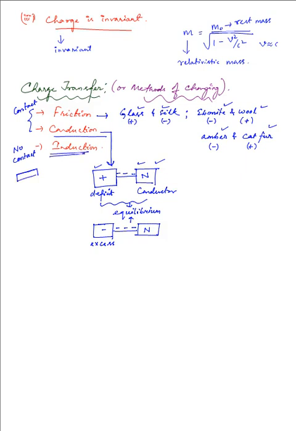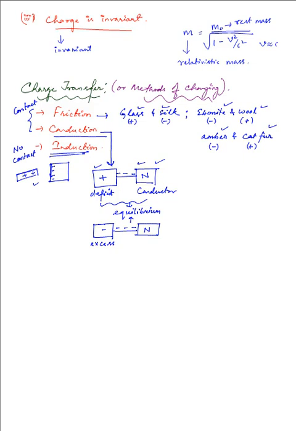this is the case of induction, suppose a positively charged stick is brought closer to a conducting material. Even in the case of non-conducting material, that's okay, because this charge will be just strong enough to attract the negative charges present in that material to one side.